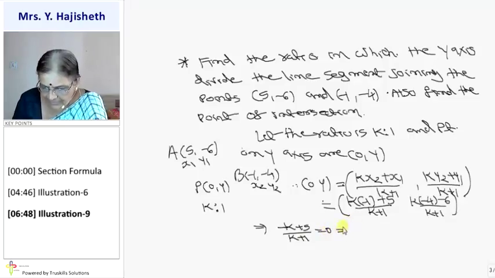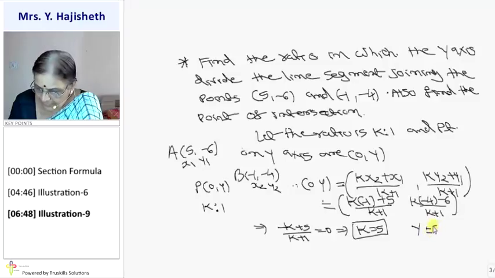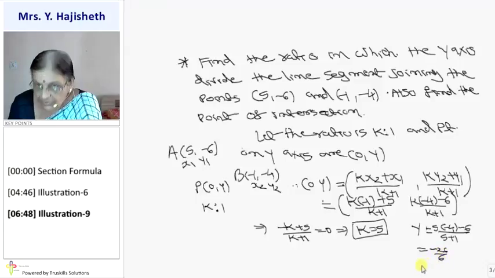Right? So that implies my k is 5. Clear? And when I put value of k in y, क्या लिखेंगे हम? k की जगह लिखेंगे 5. 5 into minus 4 minus 6 upon 5 plus 1. So it is minus 26 by 6. So it is minus 13 by 3.